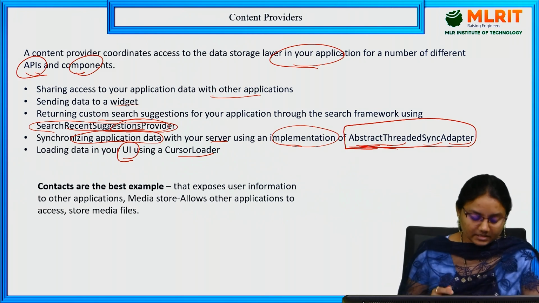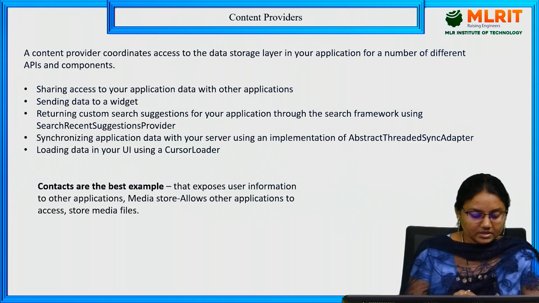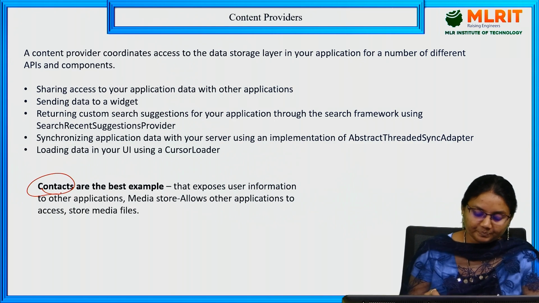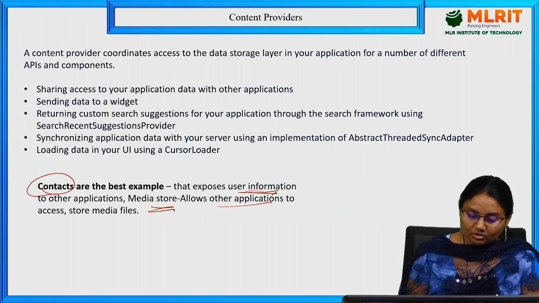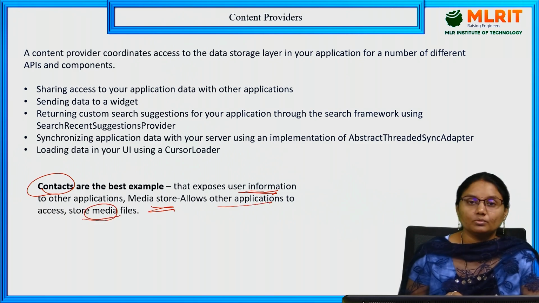The best example for this content provider is the contacts application, which exposes the user information to other applications. Media store is also an example, which allows other applications to access or store media files.